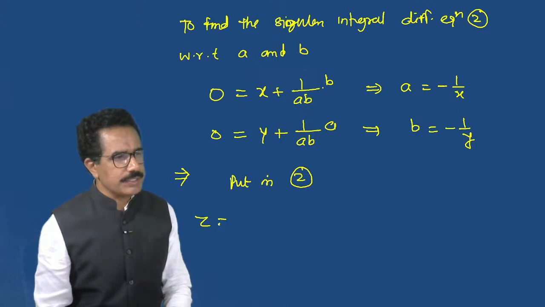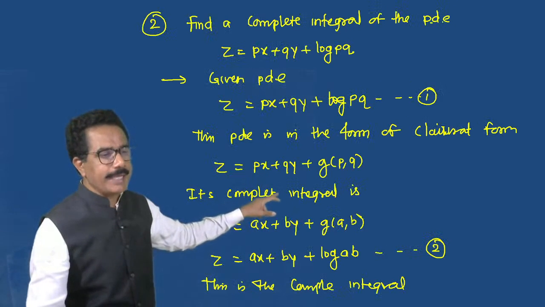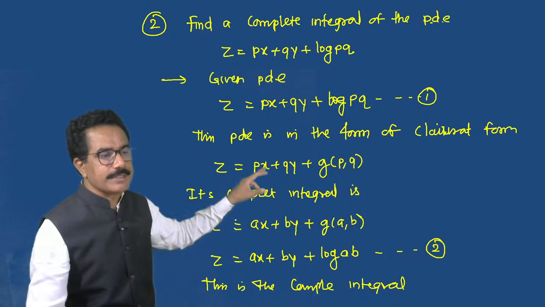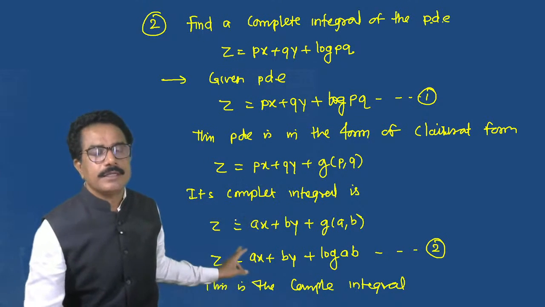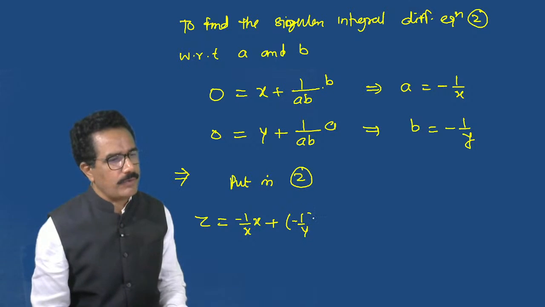So z equals minus 1 upon x into x plus minus 1 upon y into y plus log of minus 1 upon x into minus 1 upon y.